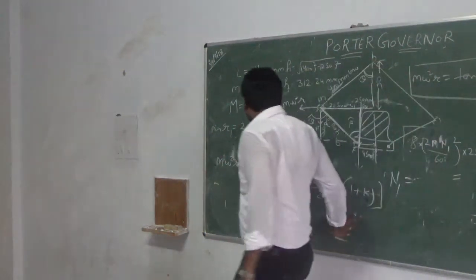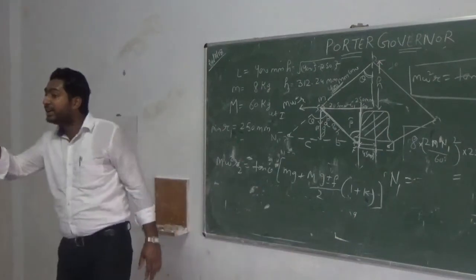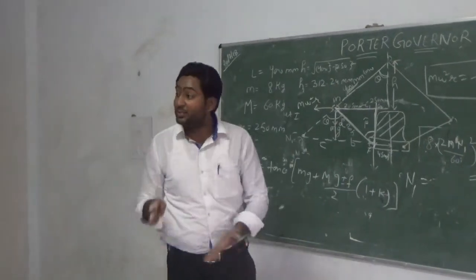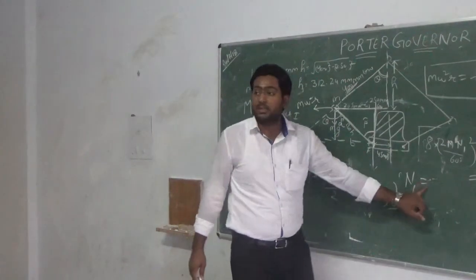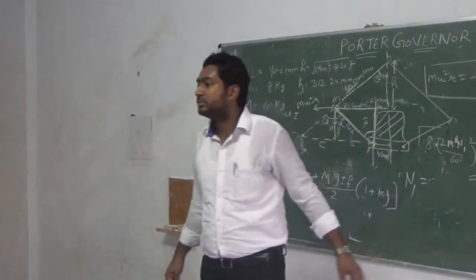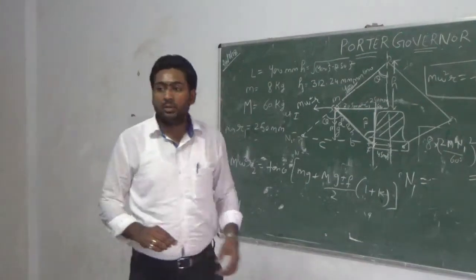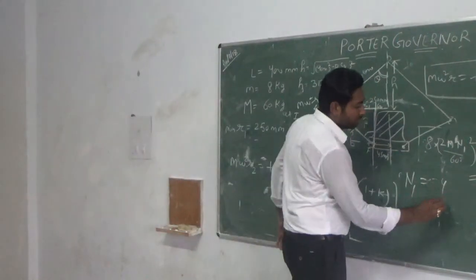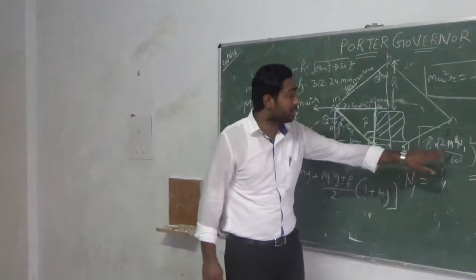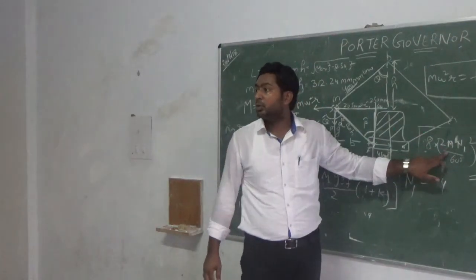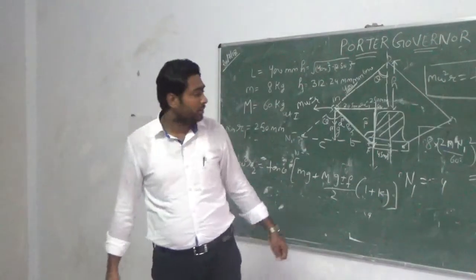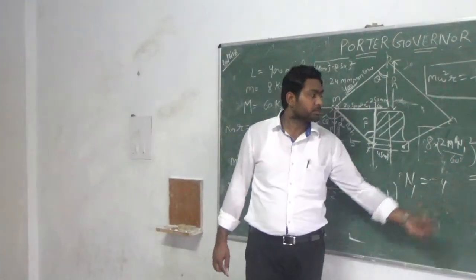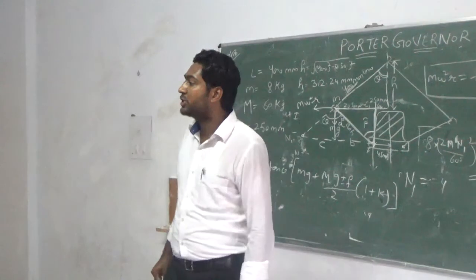So the value of k is different in both cases, minimum or maximum. Now calculate first. What is the value of n1? 2 pi n1 upon 60 square.